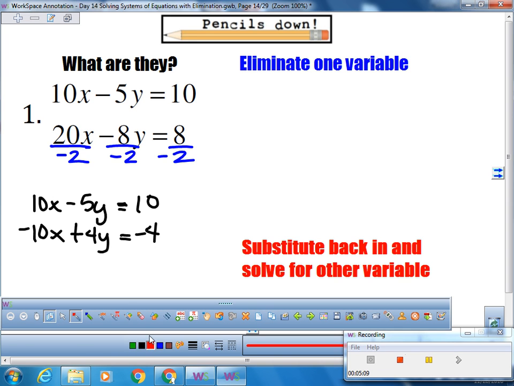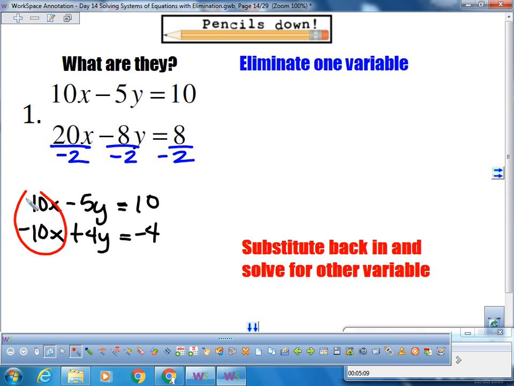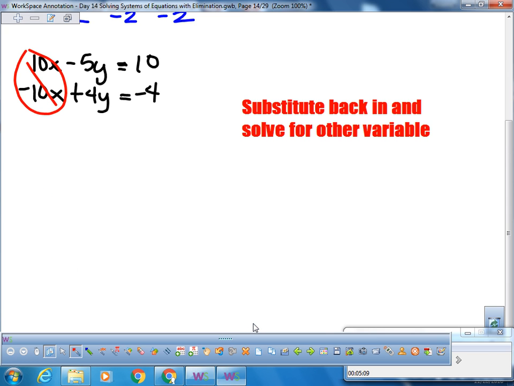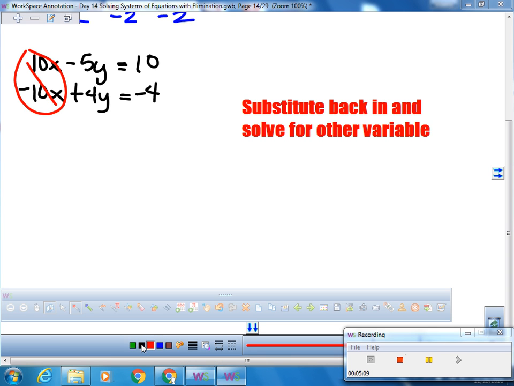Now I can eliminate pretty easily. This goes away, and I'm left with negative 5y plus 4y is negative y. Correct? So negative y equals 6. So y equals negative 6.